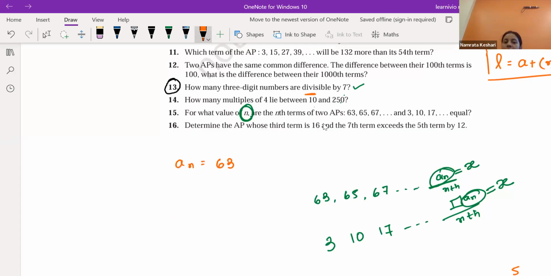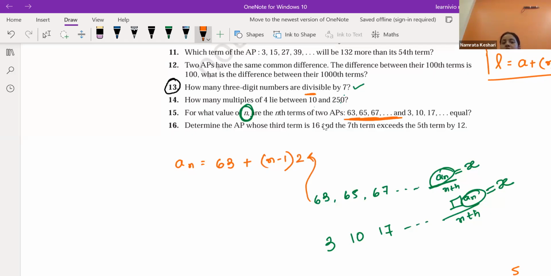A is 63 plus n, which we don't know, and we want to calculate it. And the common difference for the first AP is 2.